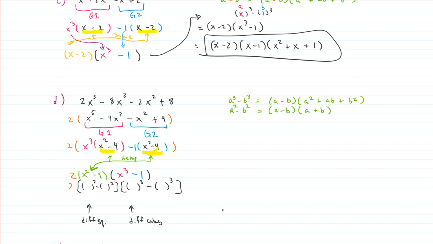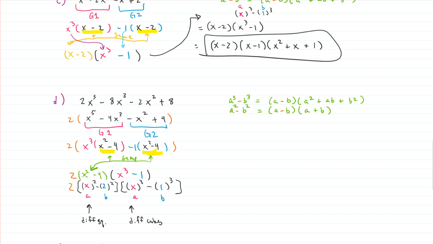And again, we have our 2 hanging out front. Well, I think x will be a, and then b will be 2, because 2 squared is 4. For the difference of cubes, we have x again as a, and luckily we just get 1 as b.